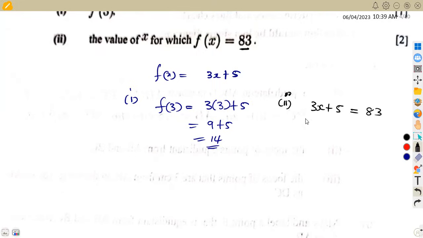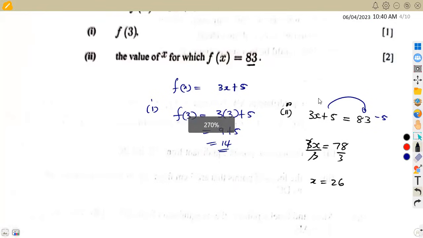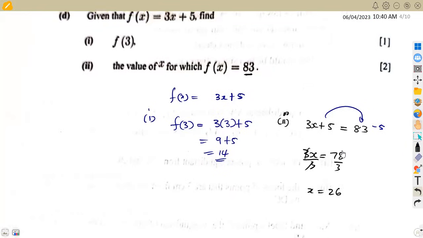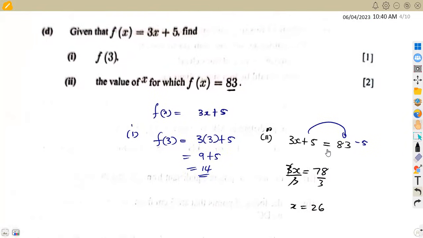How can we solve for x? So 3x is equal to 83 minus 5, since we transpose 5 to the other side and it becomes negative, which is 78. Then divide by 3, so you have the value of x, which is 26 in this case.